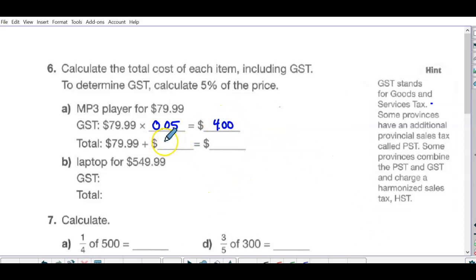$4, and then we add that on to the cost of the MP3 player. So that would be $83.99. Laptop is $549, so we want to take $549.99 and multiply by the GST as a decimal.